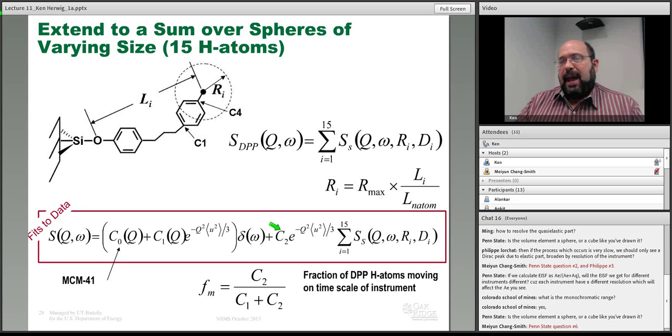And then we're going to have a fraction of the hydrogen atoms that are moving, and that's going to multiply our diffusion in a sphere model. Right? So the mobile fraction is just the ratio of C2 to C0 plus C1 plus C2. And we're going to fit all of this simultaneously to our spectra at all Q.